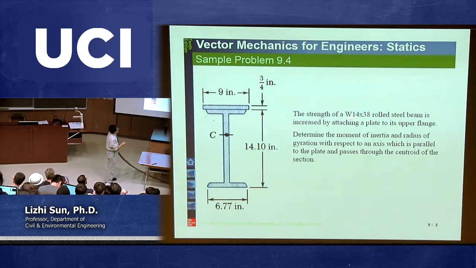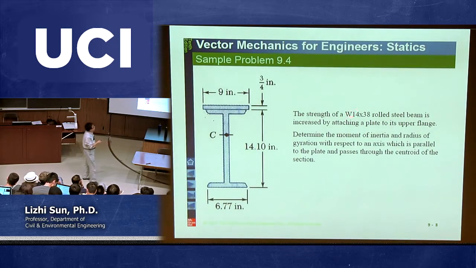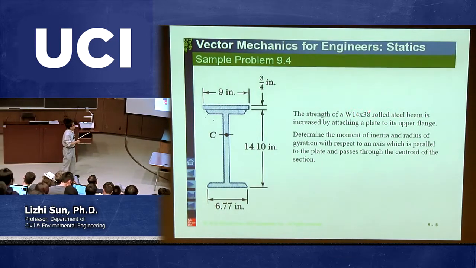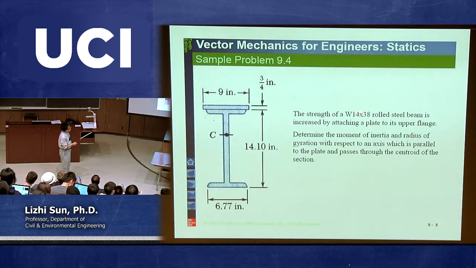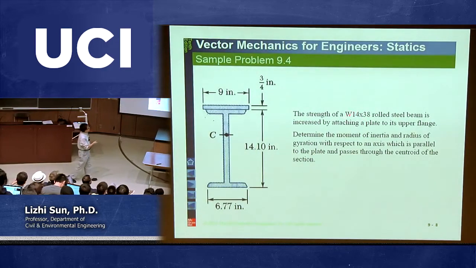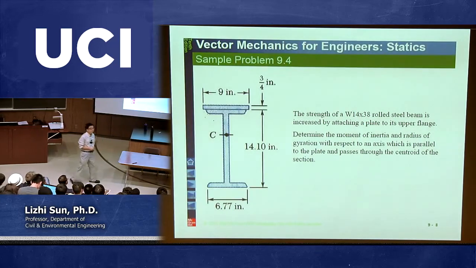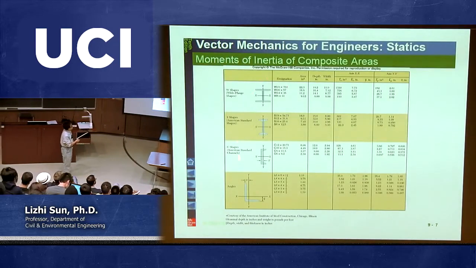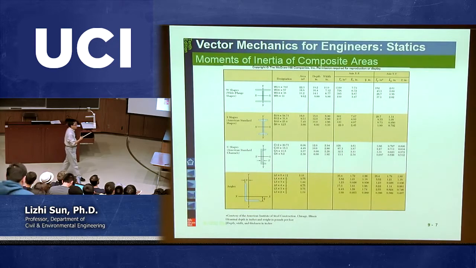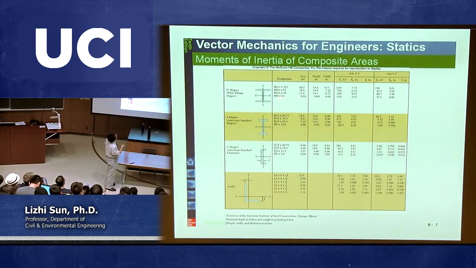First of all, I would like to talk about this. If they gave you a certain designation, for example, you call the beam structure W something by something, then you just need to go back and look at your textbook. And I copied this chart for you. So if you are given the cross-section W14/38, what you need to do is go back to this chart first to see if there is a designation W14/38.